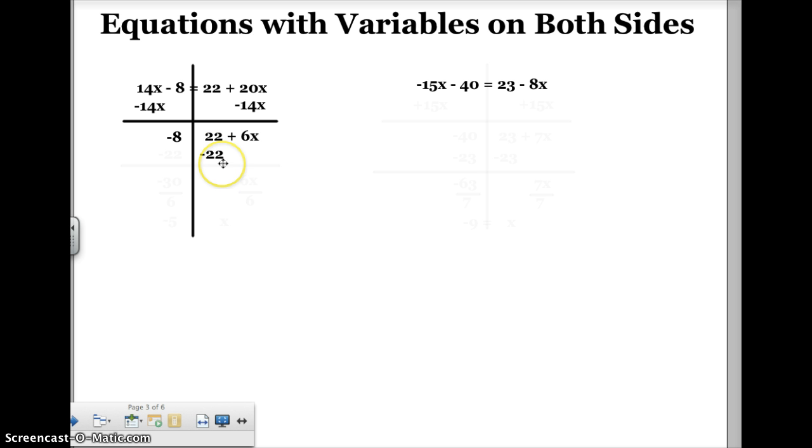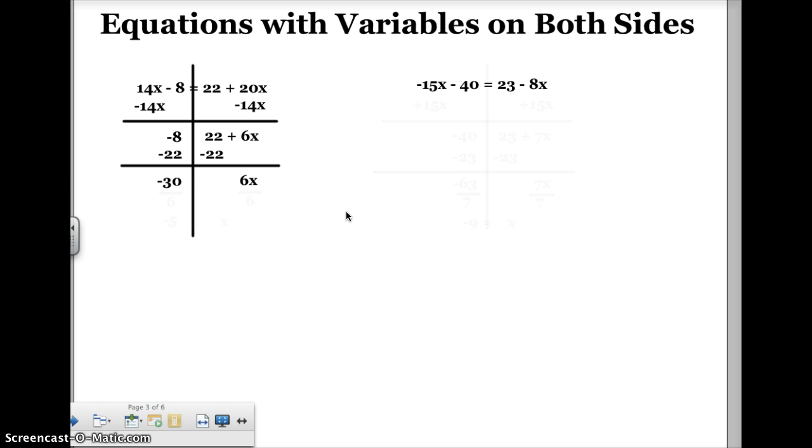But whatever I do on one side, I need to do on the other side of the equation also. Positive 22 and negative 22 are going to make 0. So I'm just left with the 6x on the right side of the equation. On the left side of the equation, I have negative 8 and negative 22. They work together and they make negative 30.